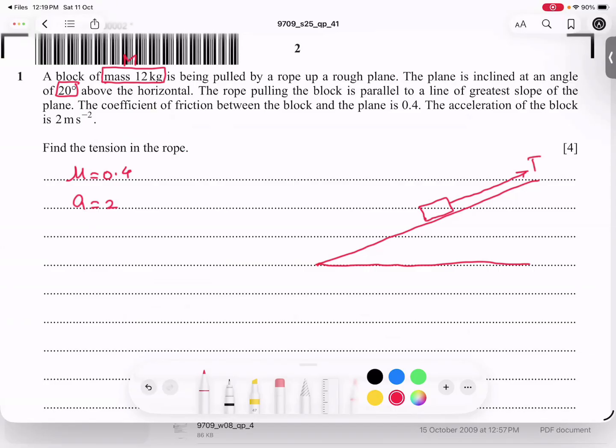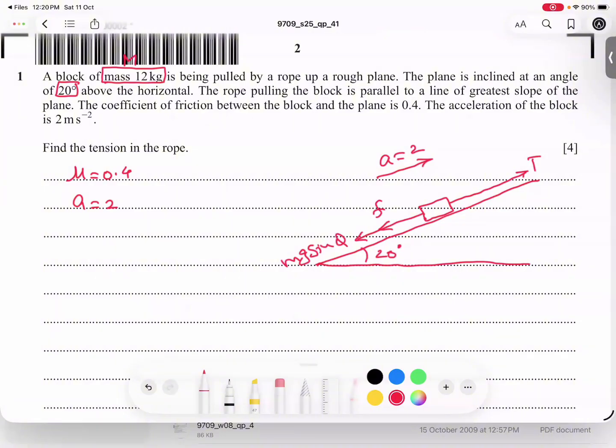It means the motion is up the slope, and the acceleration is 2. Naturally, two forces will act downwards: one is the frictional force, and one is mg sine theta, and the angle given is 20 degrees.